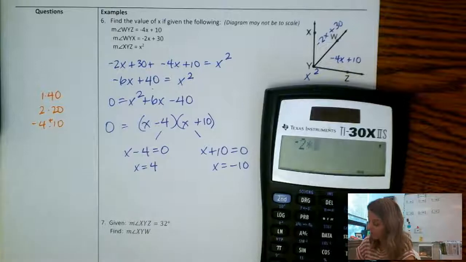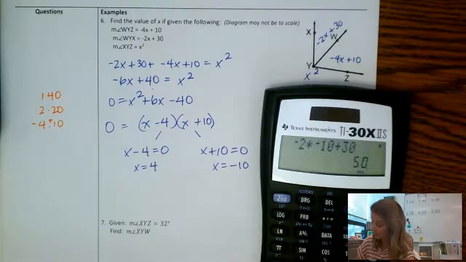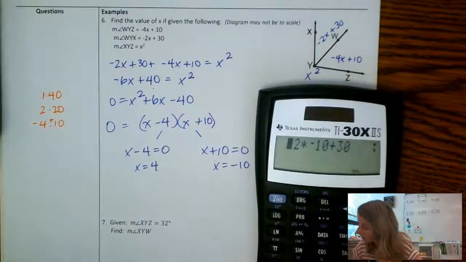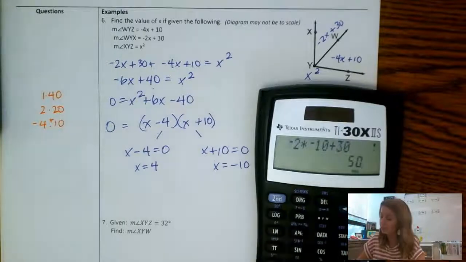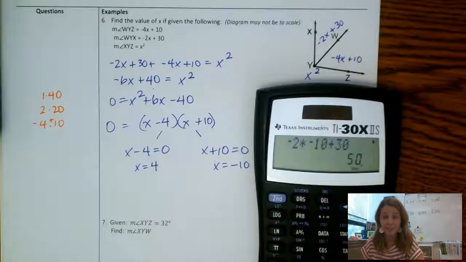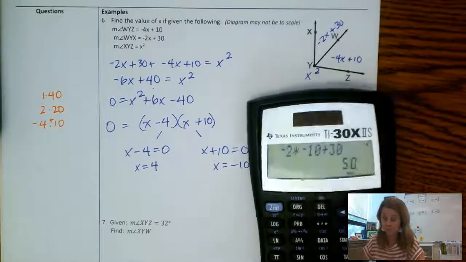Negative 2 times negative 10 plus 30 is positive 50. Negative 4 times negative 10 plus 10, positive 50. Did I get the same thing? I did, interesting. So it looks like that is going to be our solution.